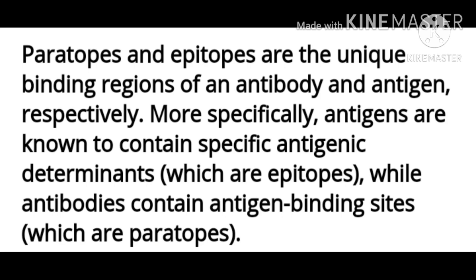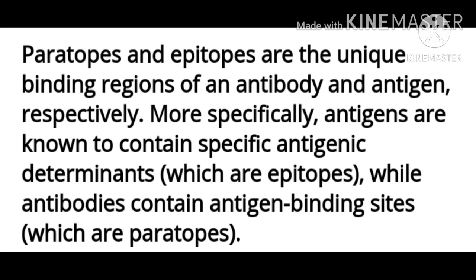Okay, paratope is a term related to epitope. What is paratope? Paratope is a region of antibody where antigen binds. So epitope is present within antigen, whereas the paratope is present on antibody.